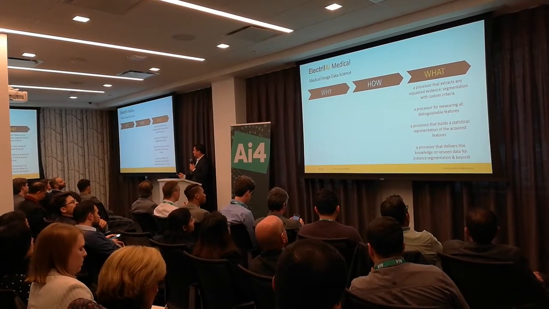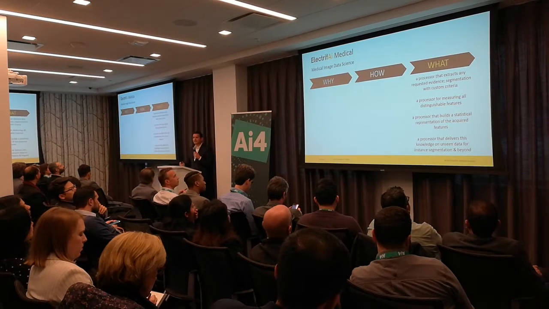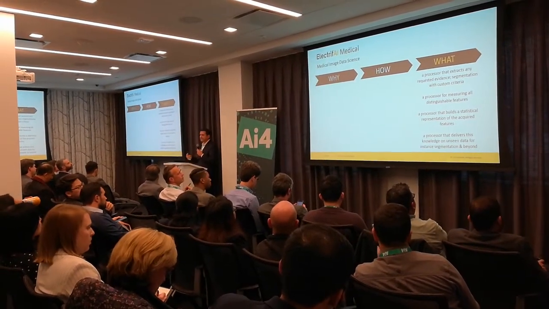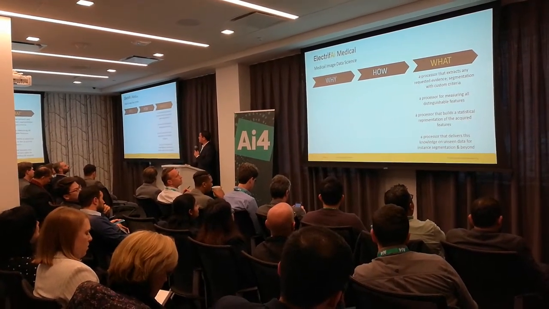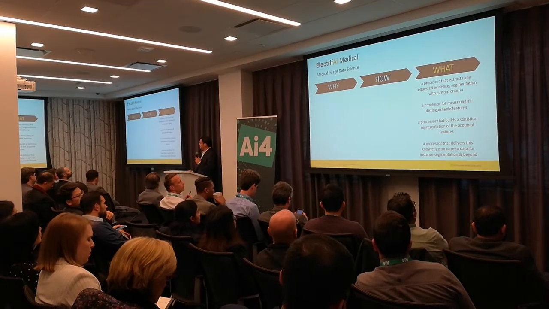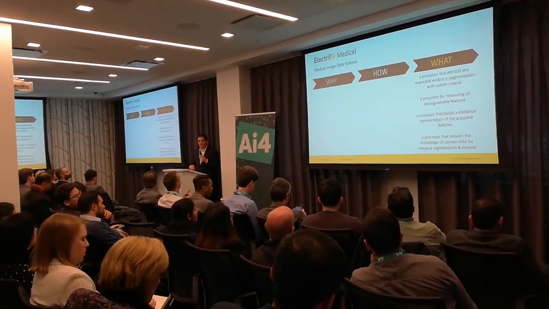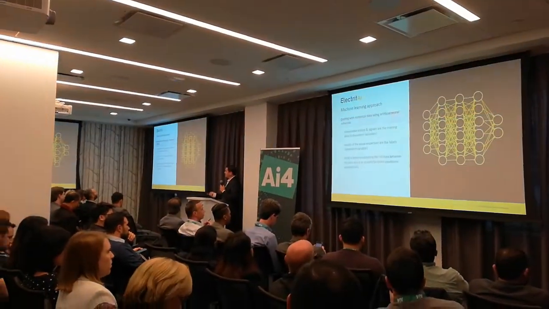And we have a processor that builds a statistical representation of the acquired features, because we want that extraction to contribute towards a knowledge base that we will deploy in the future for further processing. And eventually we have a processor that delivers this knowledge on unseen data for instant segmentation and beyond. It might sound a little bit complicated, but as we go along, each one of these will become clearer.